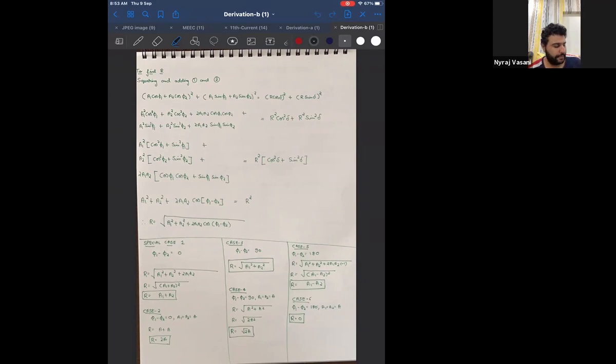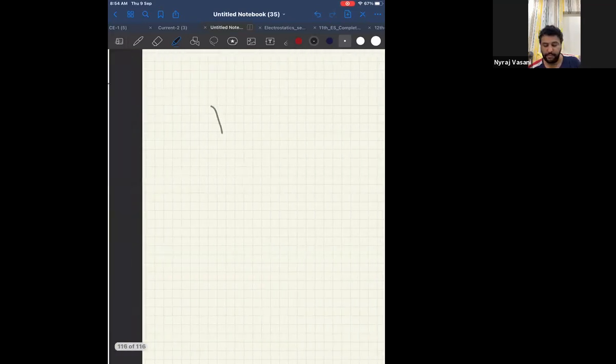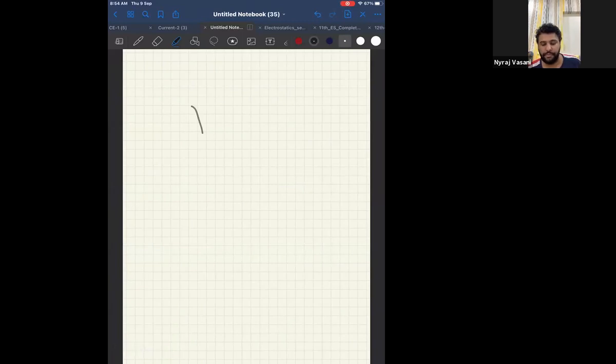Okay. Now, concept application exercise 6, page number 52.